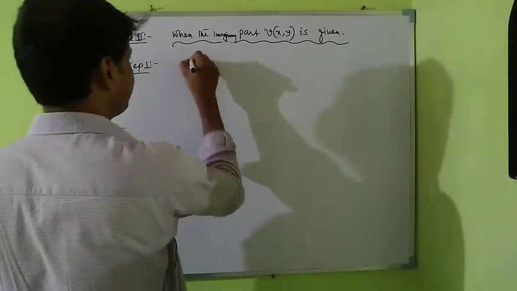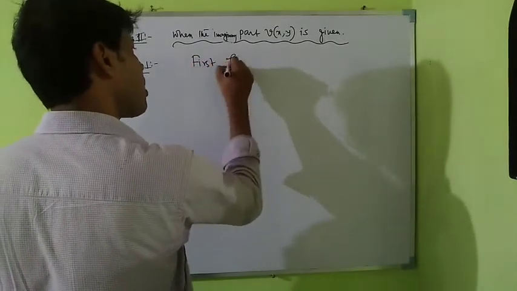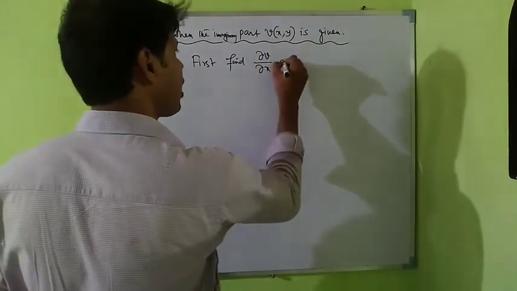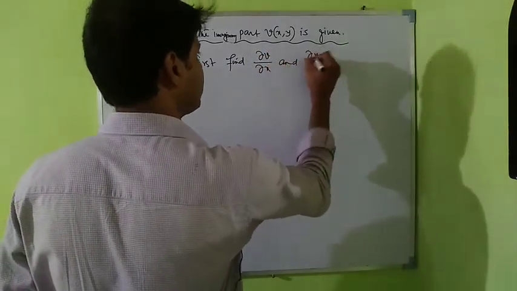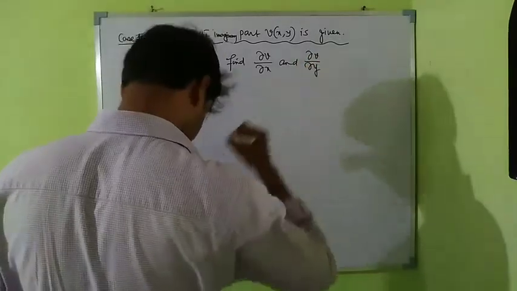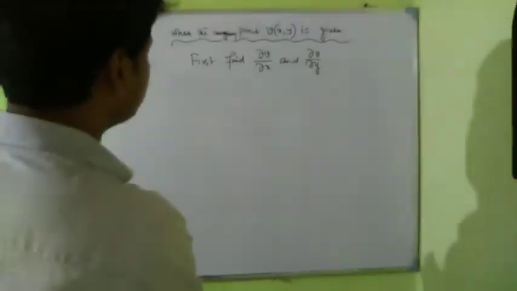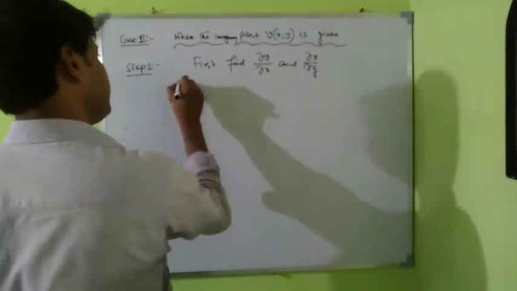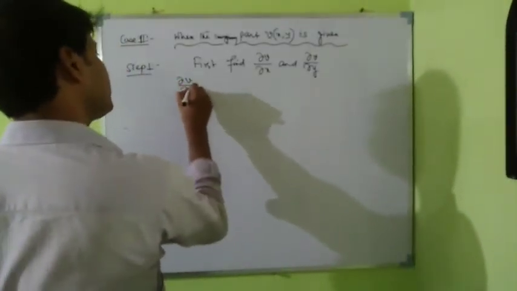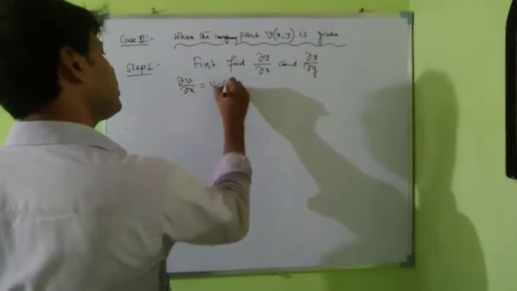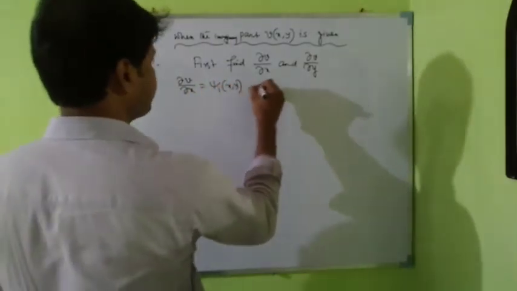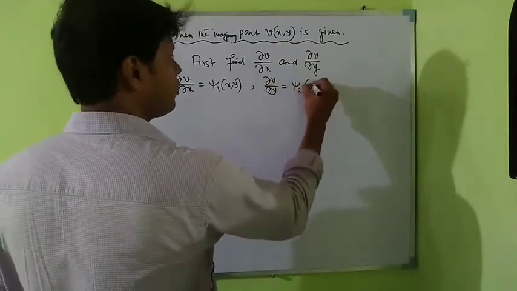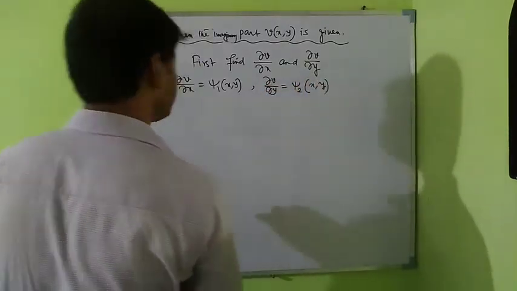Step 1, first find del v del x and del v del y. We say that del v del x is psi 1 (x,y) and del v del y is psi 2 (x,y).